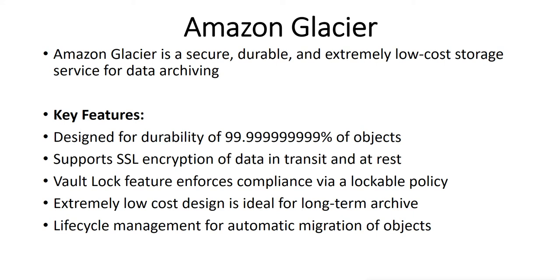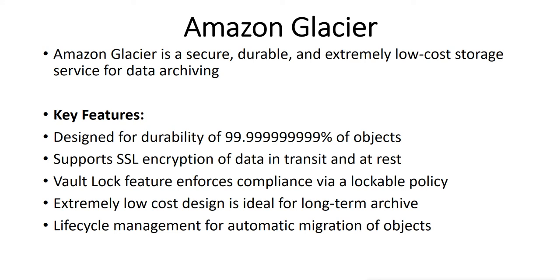So the availability or speed is comparatively less than S3 Standard and S3 IA. It is also extremely low cost and an ideal place for long-term data archival. Glacier also supports lifecycle management for automatic migration of objects. That is all at a high level about the three different storage classes.